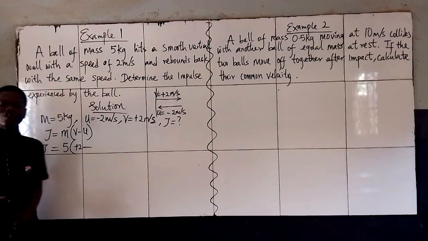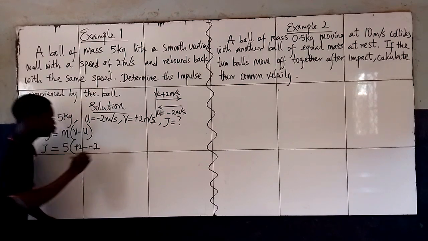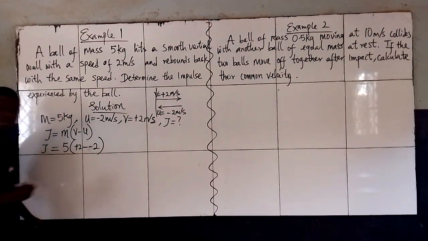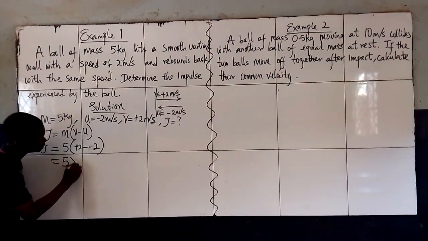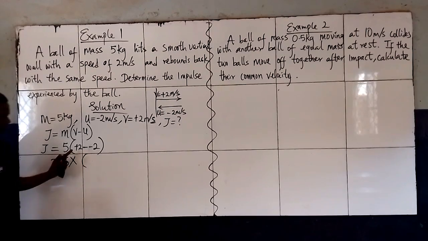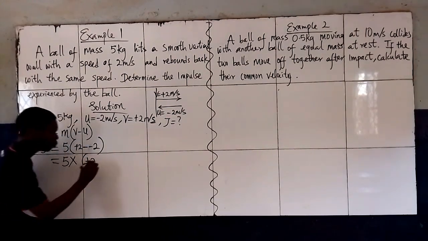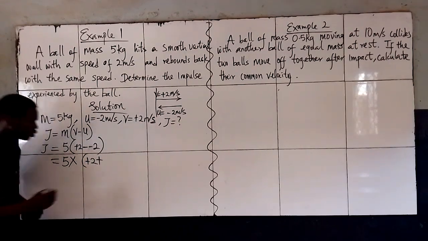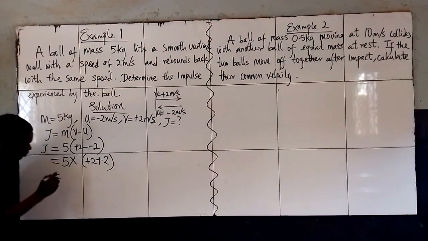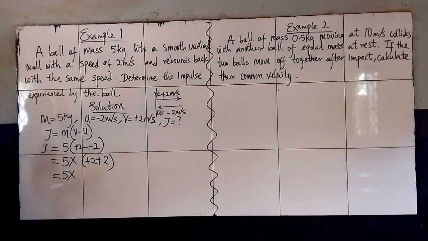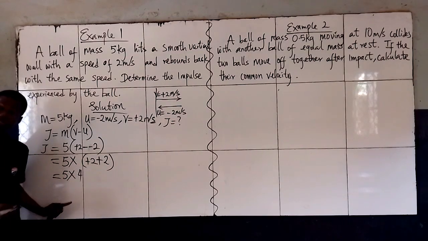Then continue solving. This will now be equal to 5 times, now plus 2 plus 2 is 4, positive 4, is it not? So this is what we now have.